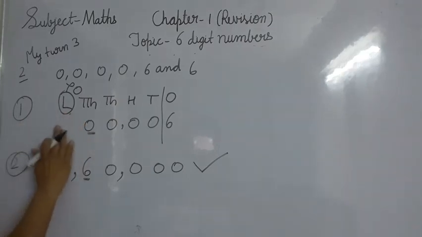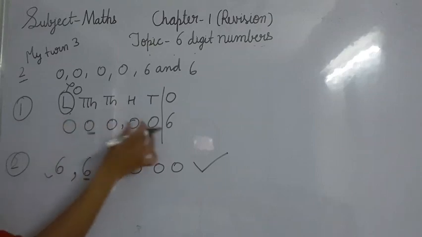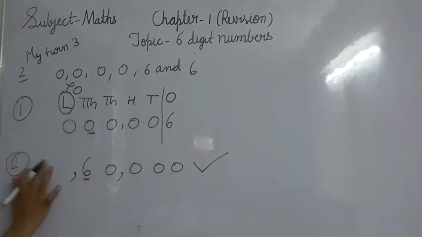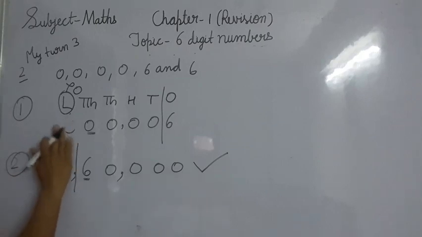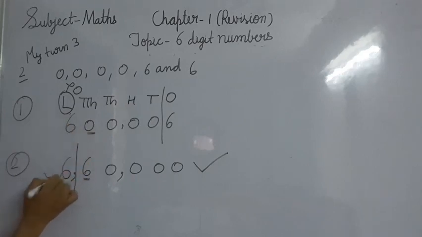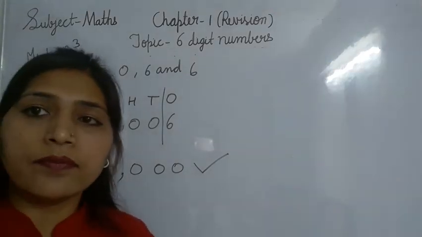If you write 0 here, it means it's a smaller number. So you cannot start a number with 0. Especially if they have mentioned it's a 6-digit number, on the 6th place you cannot write 0. Clear? So now let's see the next one.